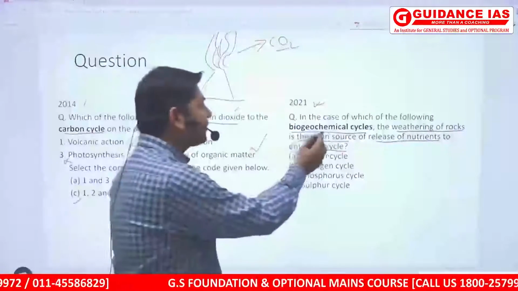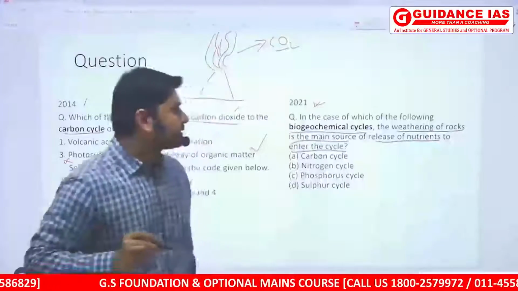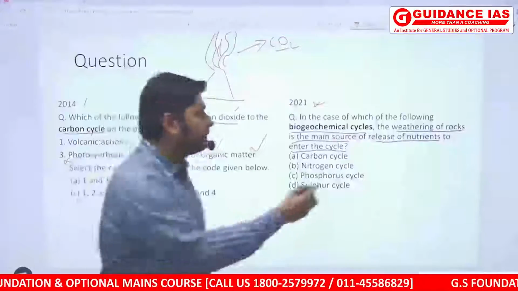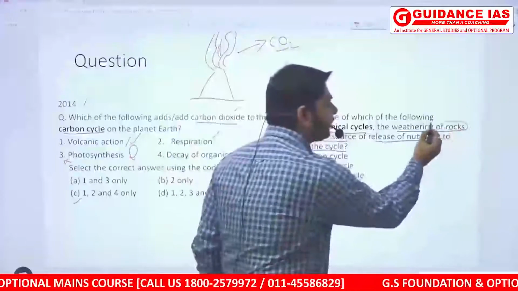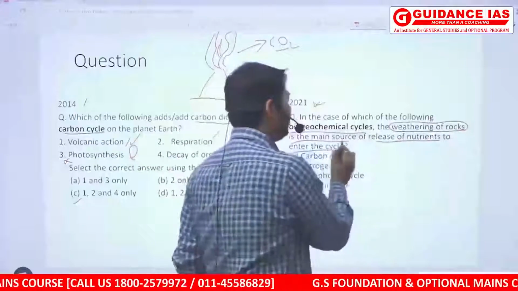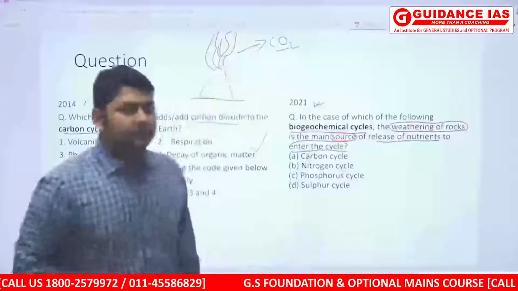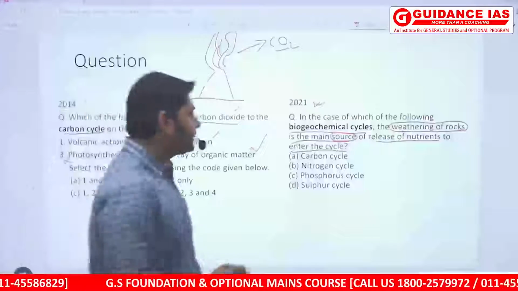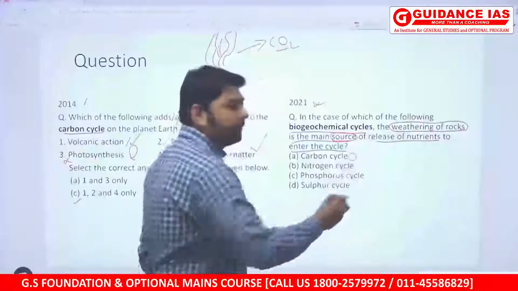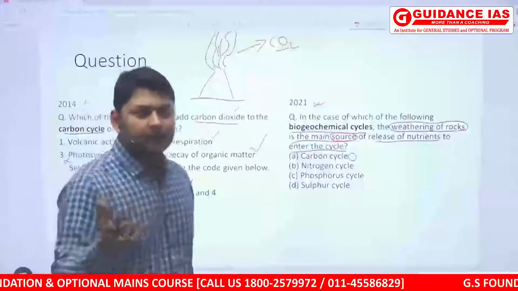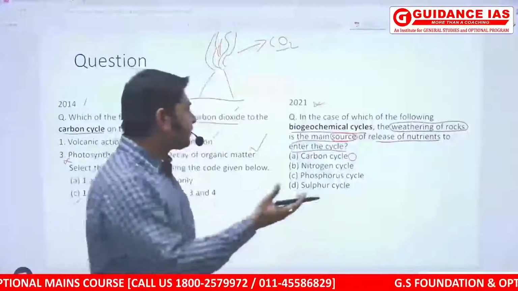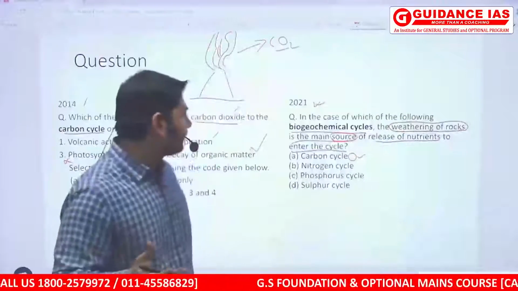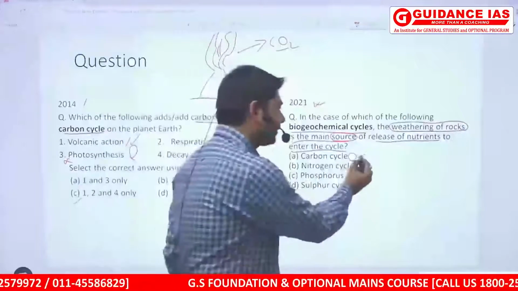Emphasis is given here on weathering of rocks being the main source of release of nutrients to enter the cycle. If any rock is there, I have a rock in my hand, will it release carbon dioxide if it is weathered? No.